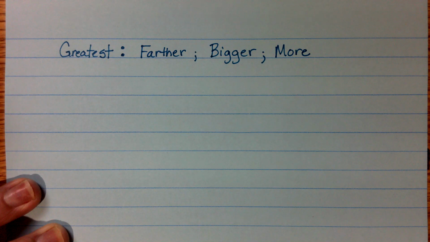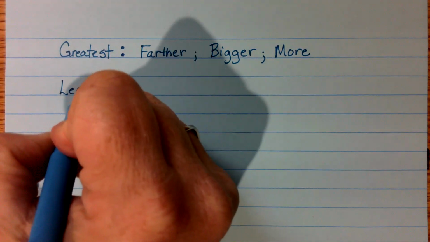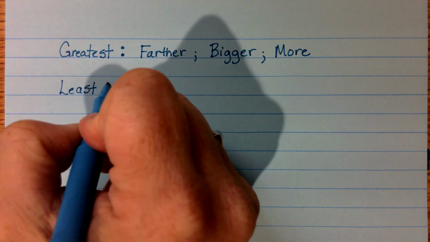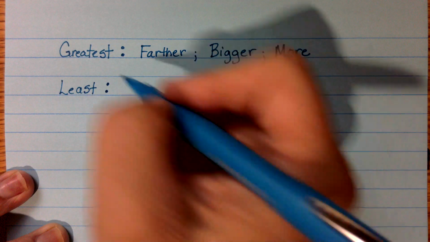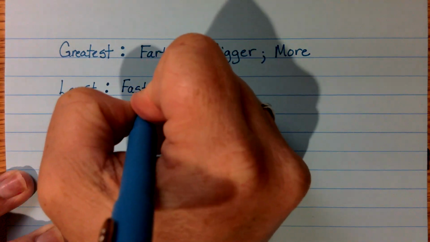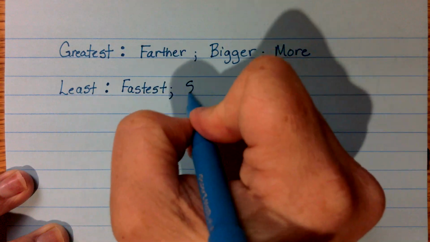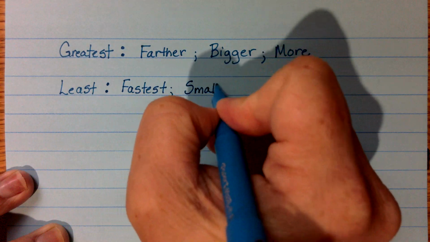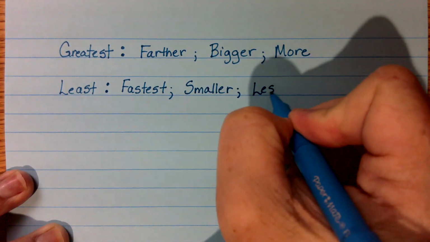We will be looking for the least or the smallest number when you hear things like fastest, smaller, less.